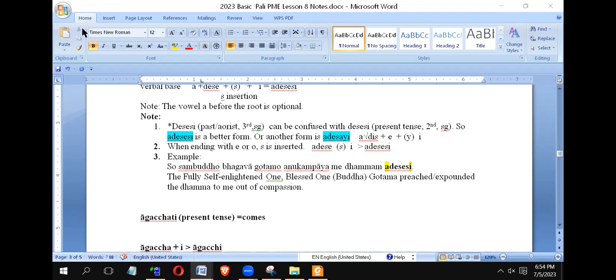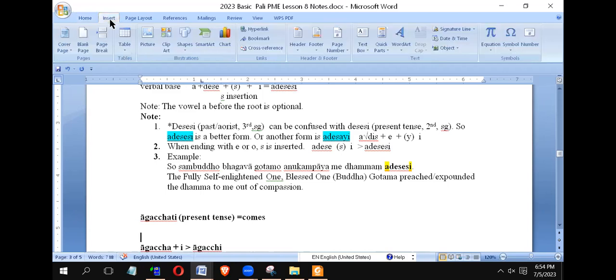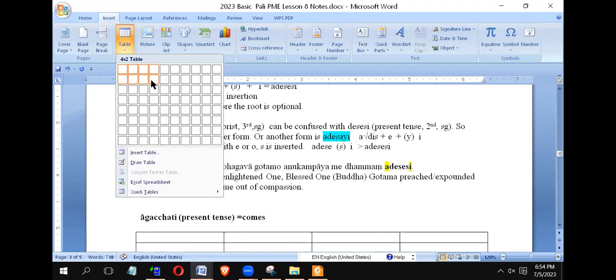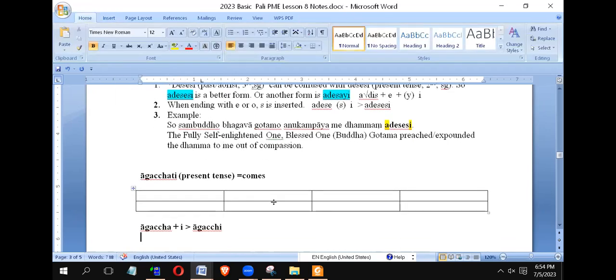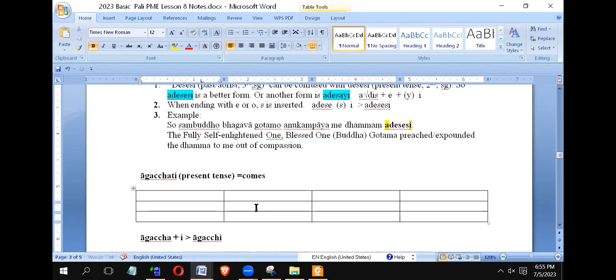Let's say we draw a table. So we try this example. The third person will be agachi. First, third person agachi, right? The plural is agachi, agachu. Then how about the plural? What do you think?